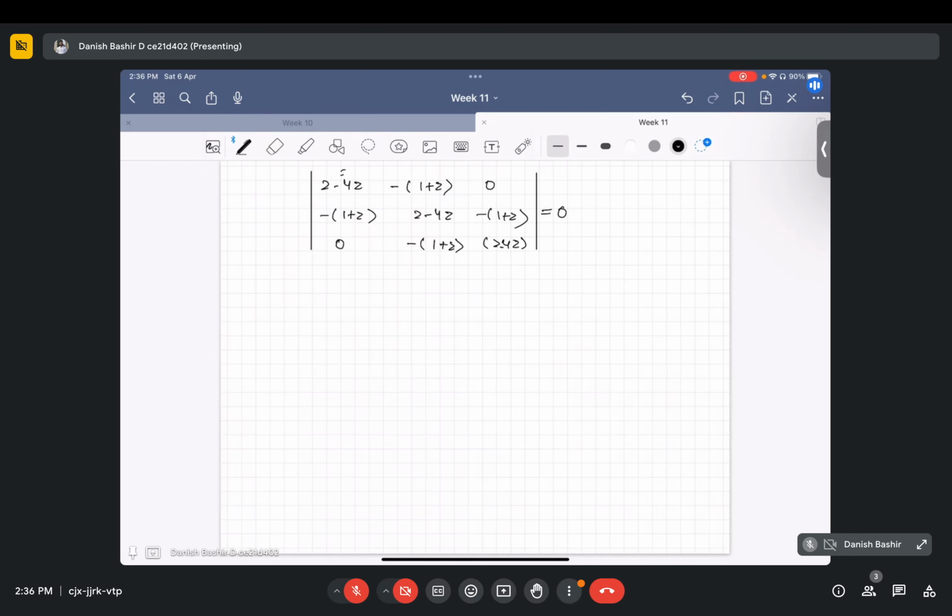Once you solve this determinant, you will get the equation 4 minus 48z plus 108z square minus 56z cube equal to 0.